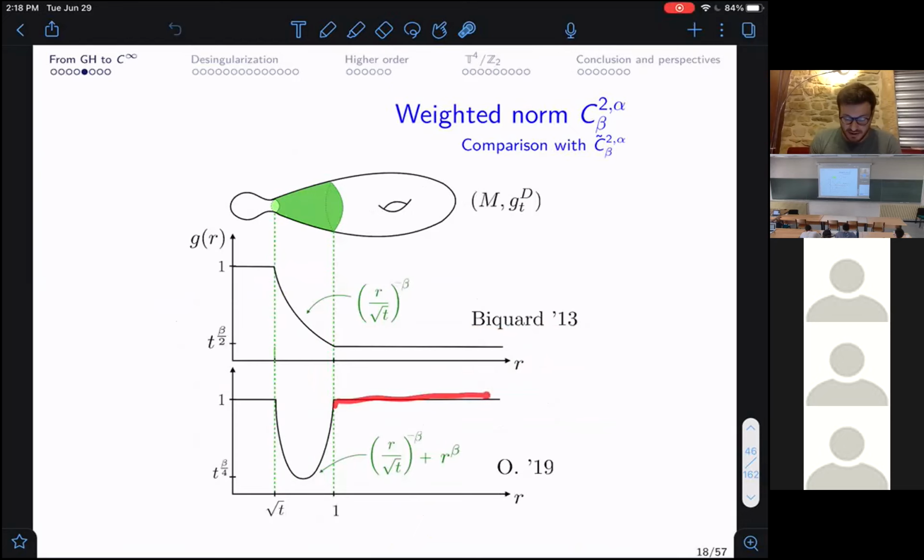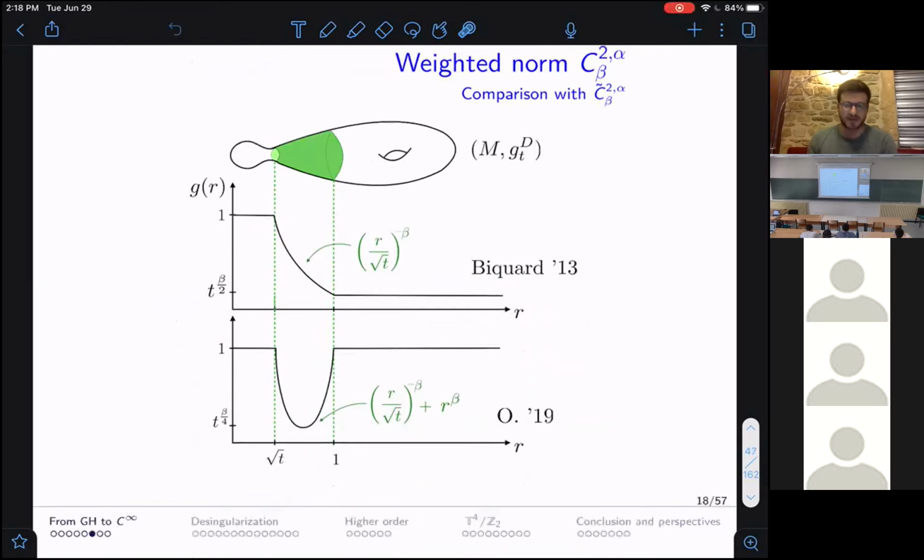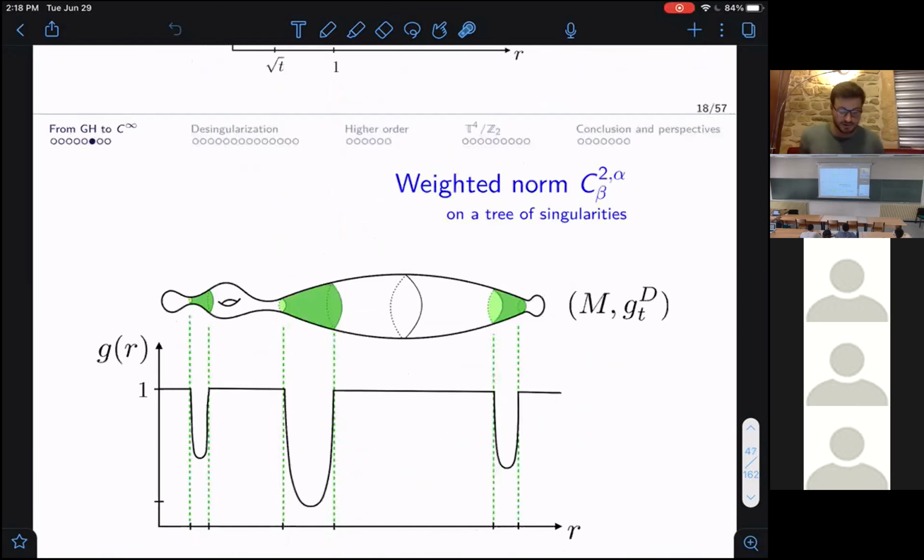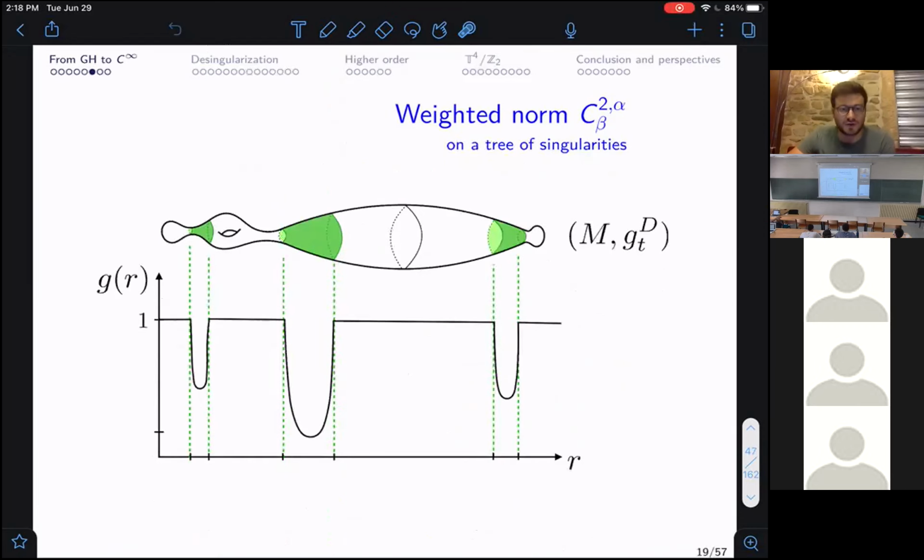And so we gain something by just not asking this. Something even more important for us is that this new norm handles several singularities, but also trees of singularities. You can handle singularities appearing on top of each other by just asking decay on each neck region.